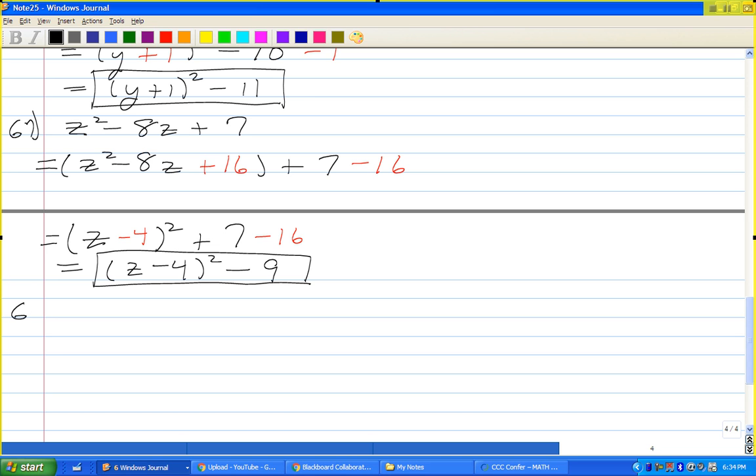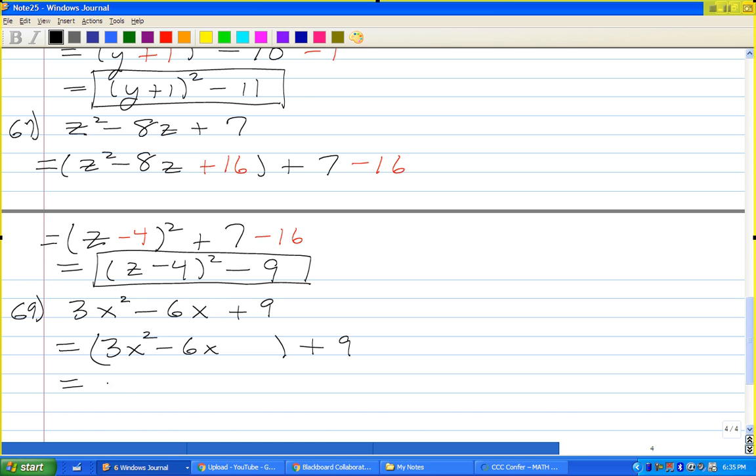69. 3x squared minus 6x plus 9. So this is equal to 3x squared minus 6x plus 9.